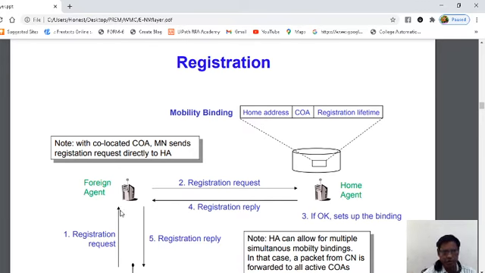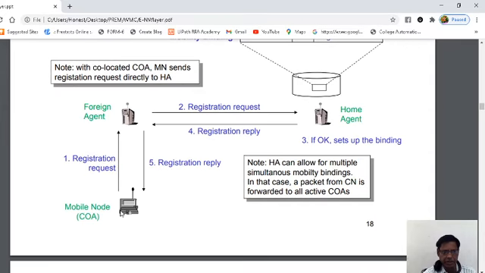Okay, from here you can see that the care-of address is obtained through the foreign agent. The care-of address goes through the registration process to the foreign agent, which receives the registration authentication. From here it goes as a registration request to the home agent, and the registration reply returns to the care-of address.